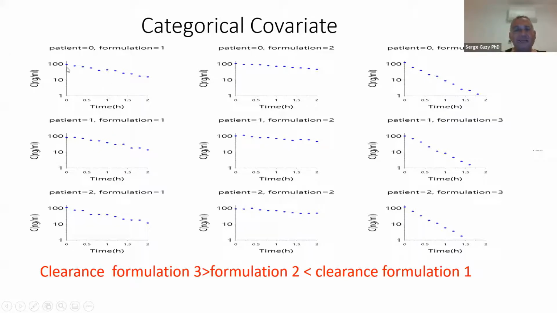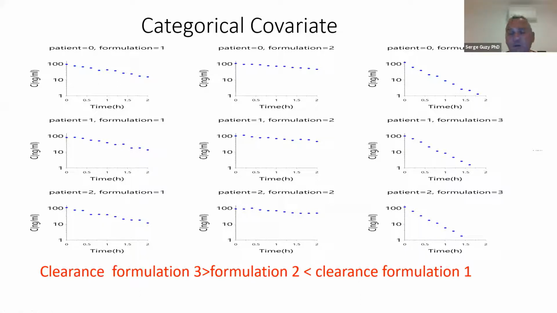Lower clearance, larger clearance, lower clearance, larger clearance, lower clearance, larger clearance. I exaggerate a little bit, but on average, the clearance with formulation in occasion 3 is larger than the clearance with formulation 2, which is larger than the clearance with formulation 1. Then you have a trend.